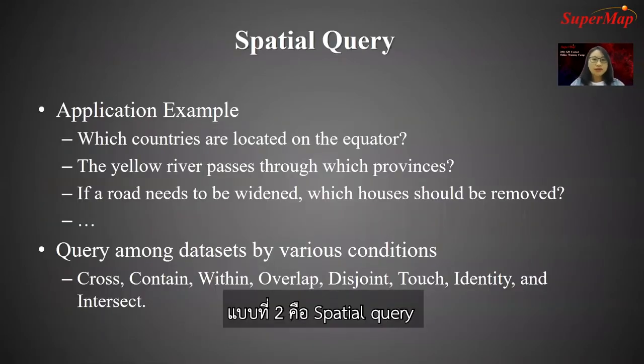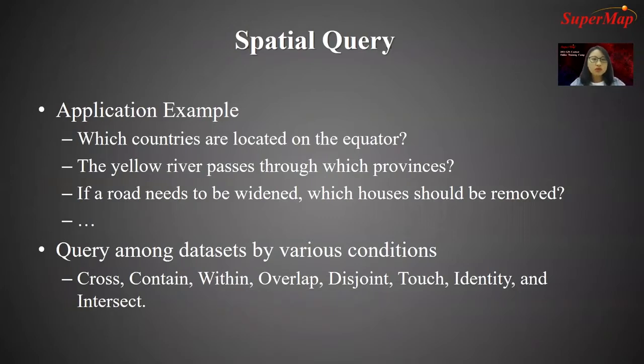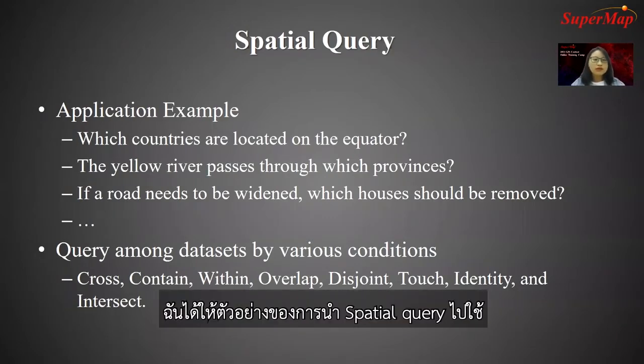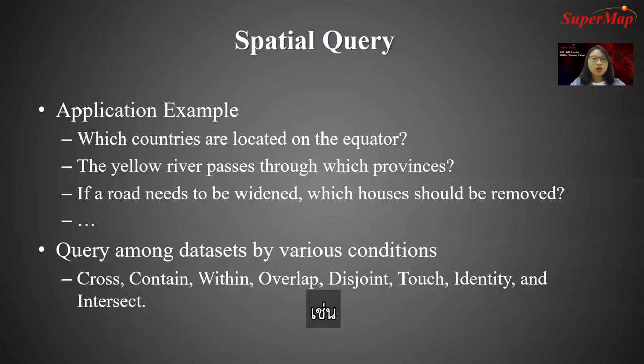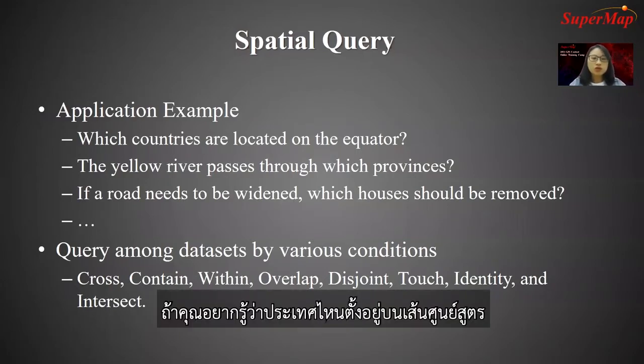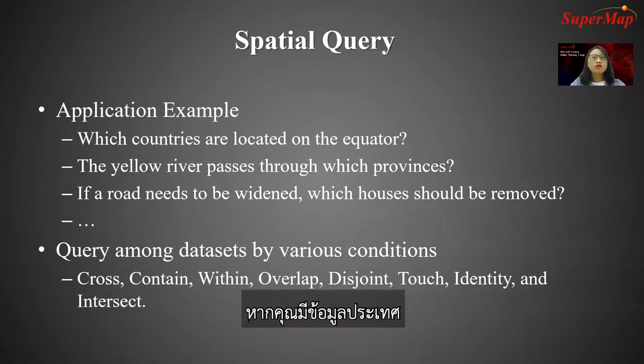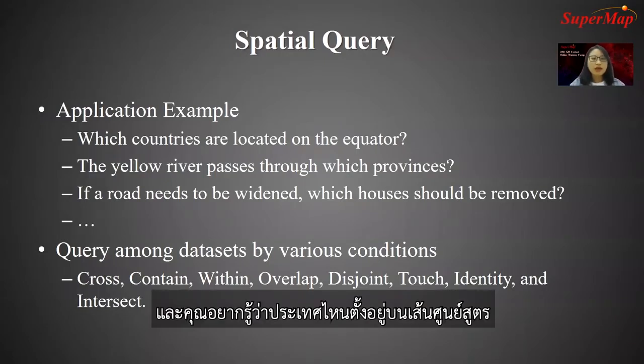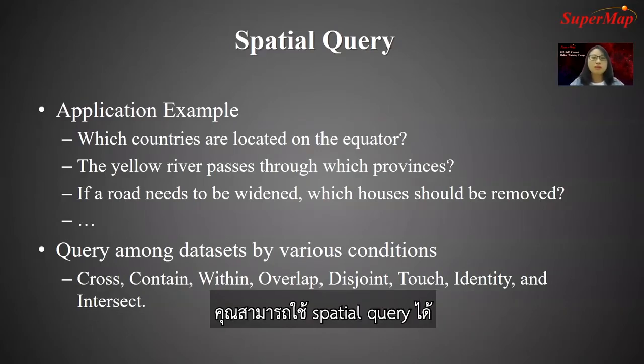And the second one is about the spatial query. Here I just use some examples to show you what spatial query is. Like if you want to know which countries are located on the equator, if you have the country data, you can use this spatial query.